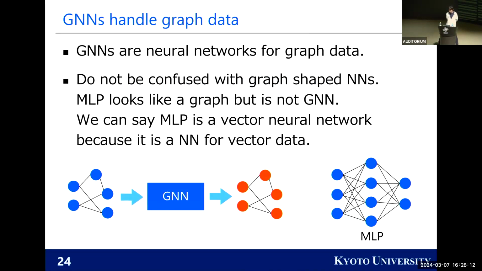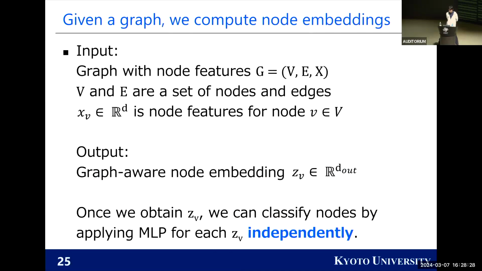And GNNs, indeed, also look like graphs, but that's not why they are called graph networks. They are called graph networks because they handle graphs as input data and output data. And this is the problem setting of graph networks. We are given a graph with node features, G.